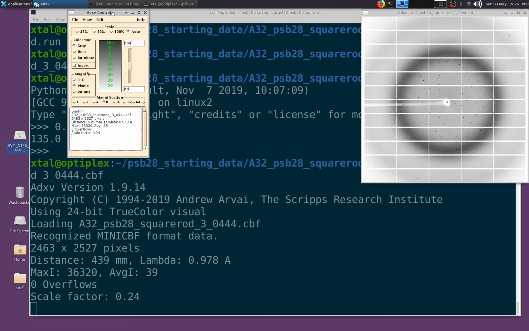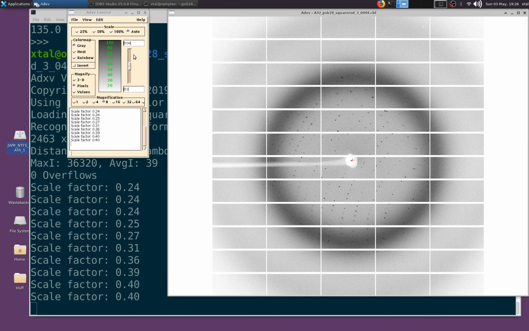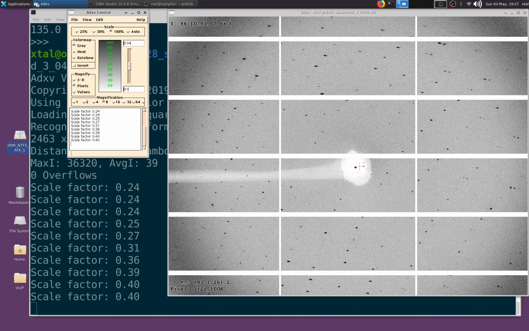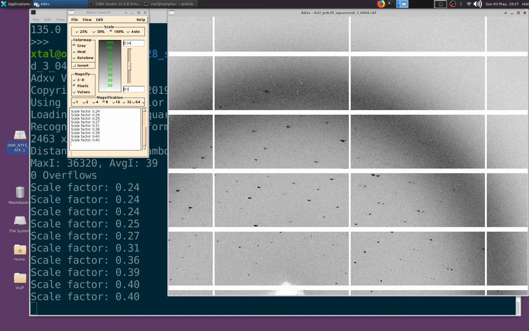Okay. So ADXV shows the image. Autoscaling scales the whole image to the window, and the high spatial frequencies of spots often don't survive this scaling. So I look at the image at 100% scale, which is one screen pixel is one image pixel, or 50%, which is two screen pixels is two image pixels.